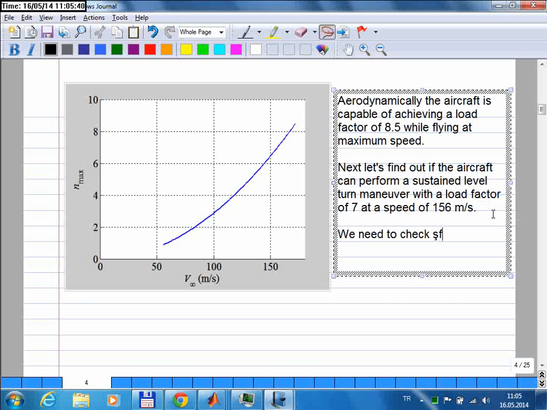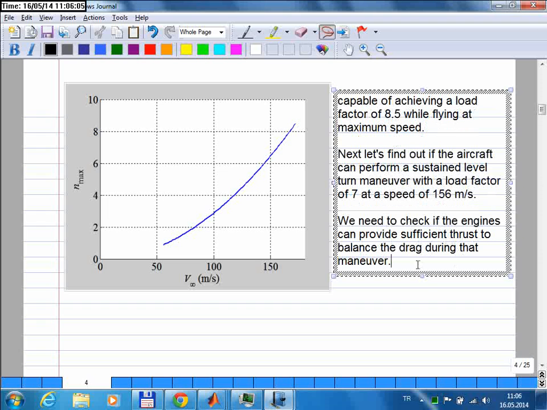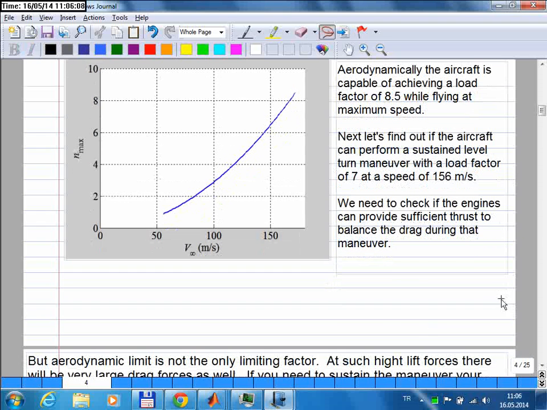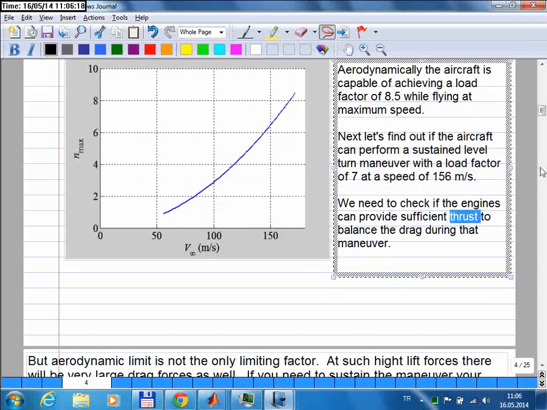We need to check if the engines can provide sufficient, let me say, power to balance the required power during that maneuver.